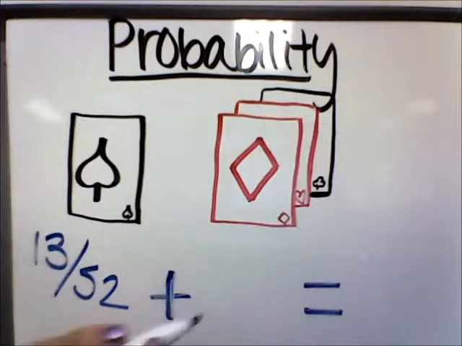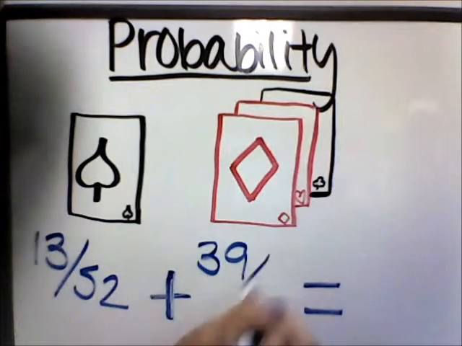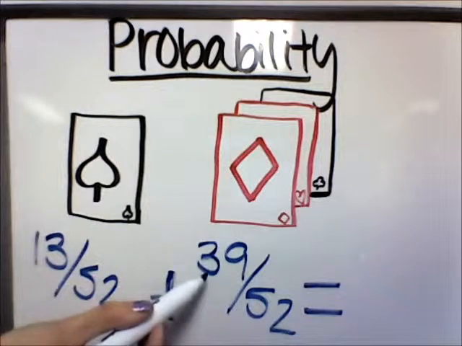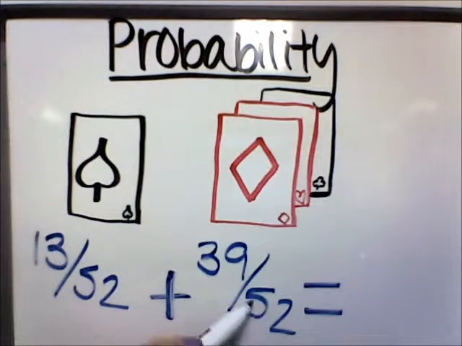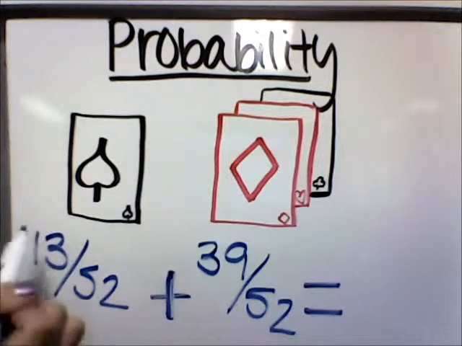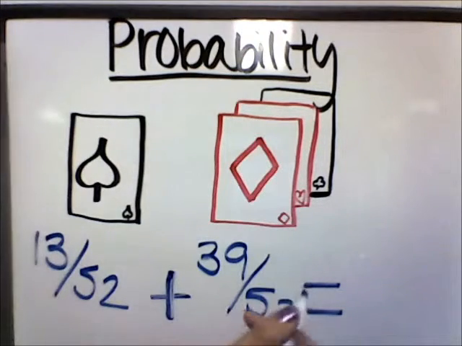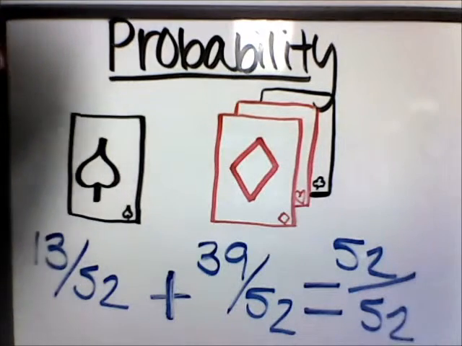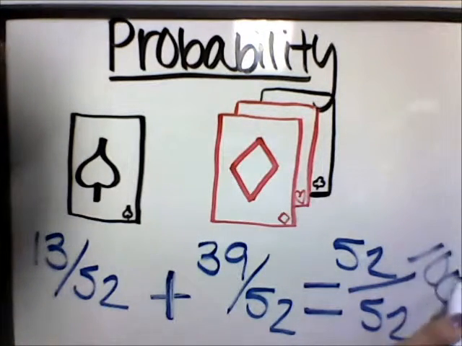All the other cards left are 39 out of 52, 39 being the total of unfavorable outcomes, 52 being the total number of outcomes. When you add 13 and 39, it equals 52 out of 52, or 100%.